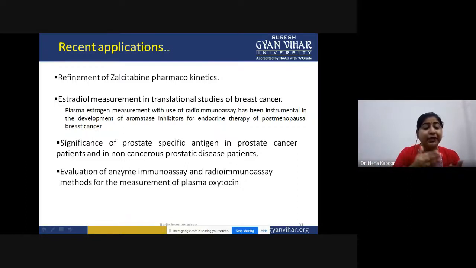It has played a significant role in prostate cancer also, because we can look at specific cancer-causing disease conditions. We can go for the evaluation of enzyme assays and radioimmunoassays for the measurement of oxytocin levels in plasma. So that is also very important.